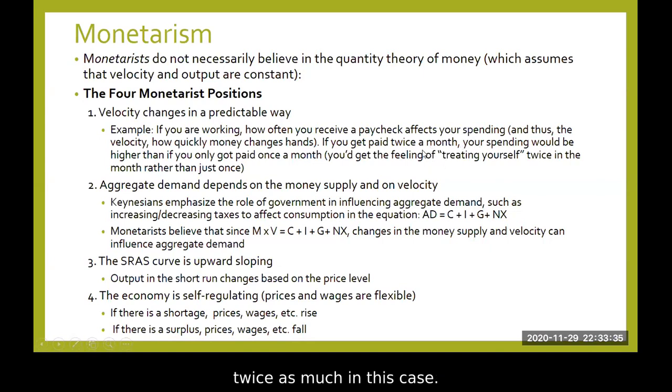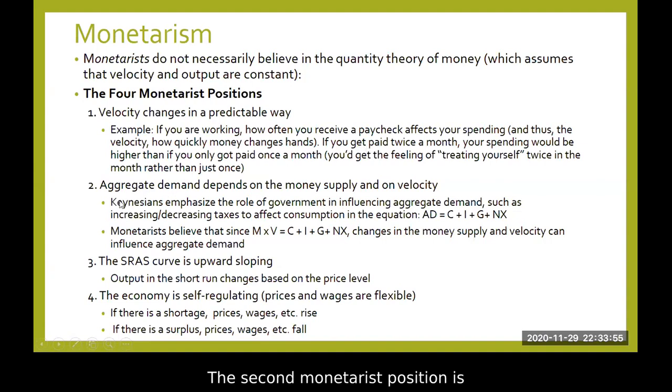So that's what we mean by velocity changes in a predictable way. The more frequently you're paid, the more it would encourage you to spend. So money would change hands faster in such a way.